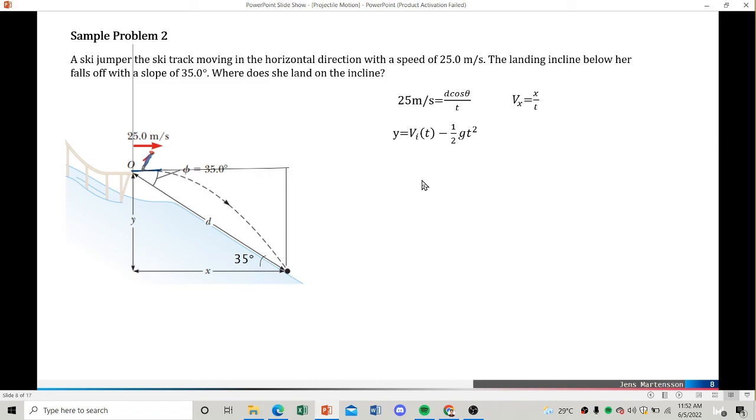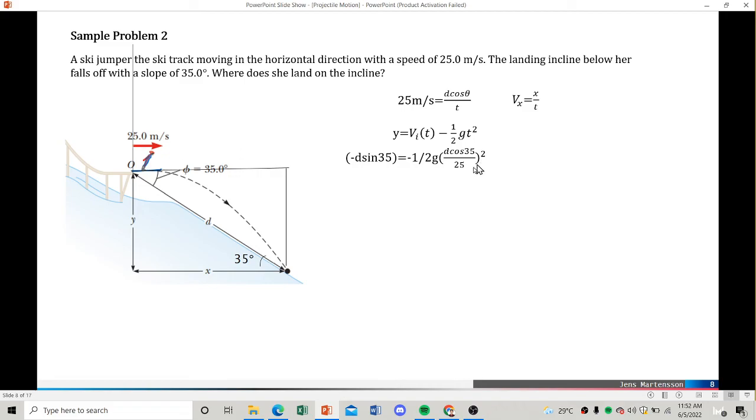Now we also have this equation: y equals v_i t minus 1 half g t squared. To calculate the y here, that is negative d sine 35. Since we have no initial velocity in terms of the incline or slope, that term cancels out, because our velocity is only in the horizontal direction.